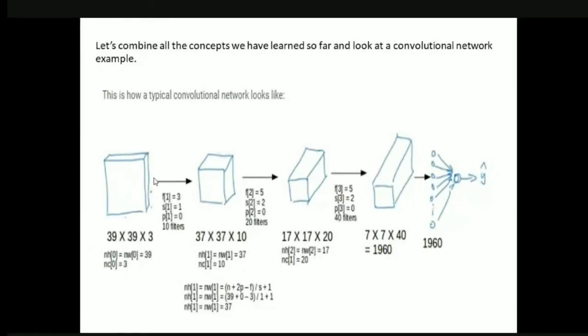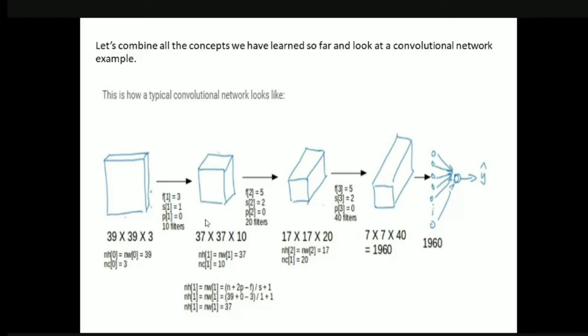If you see here, the input image is of size 39 by 39 by 3, that is height 39, width 39, and the total number of channels is 3. We are applying 10 filters, and the filter size is 3. Stride is 1, padding is 0. Here we are not applying any padding, that is valid padding.